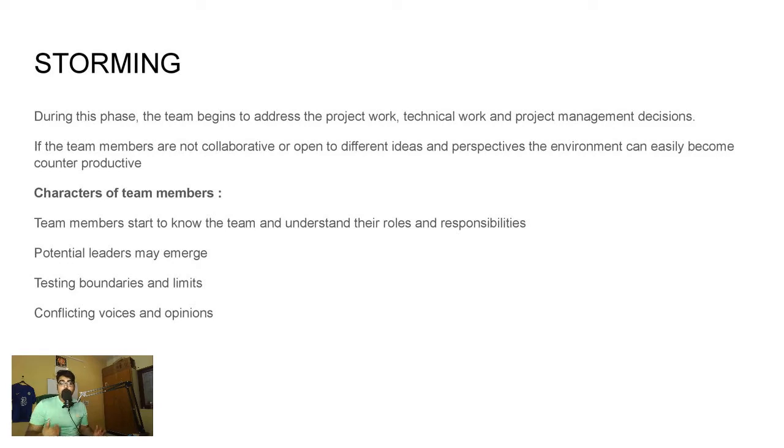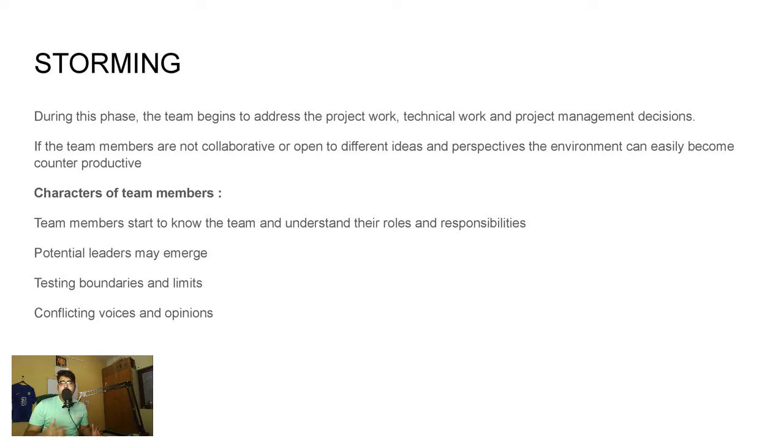And it is the role of a project manager to ensure that is not the situation that they arrive at. So, a project manager is expected to facilitate the team more during this particular stage of the team management.